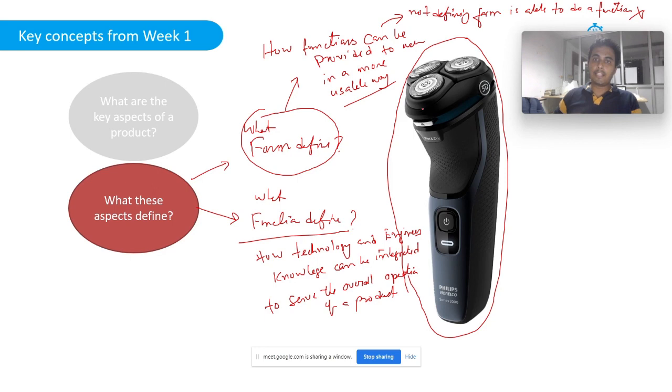Okay, so I just asked the question, what are the functional elements? Madhusudan, you tell me: make a close shave without hurting the skin. So basically what you define is more like what this particular form defines.